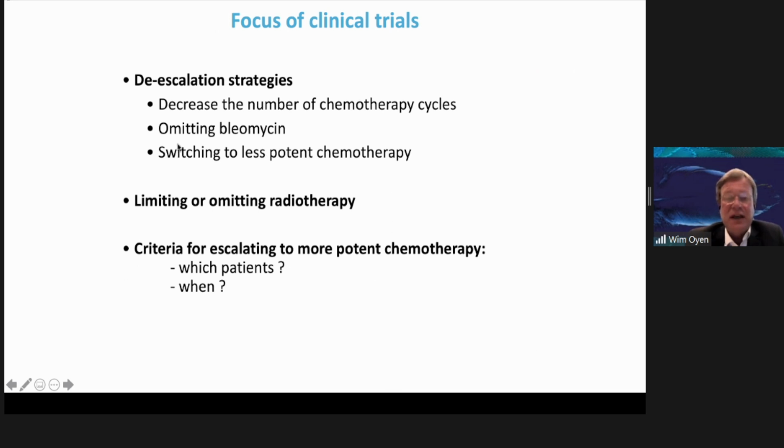There is a need for limiting or omitting radiotherapy, especially in young patients, in case there is not any benefit for irradiating the nodes in those patients who are cured by the systemic therapy. And there's obviously a need for patients who do not respond well, that we set criteria for escalating to more potent chemotherapy, identifying those patients who will benefit, but also identify when the switch should be made.